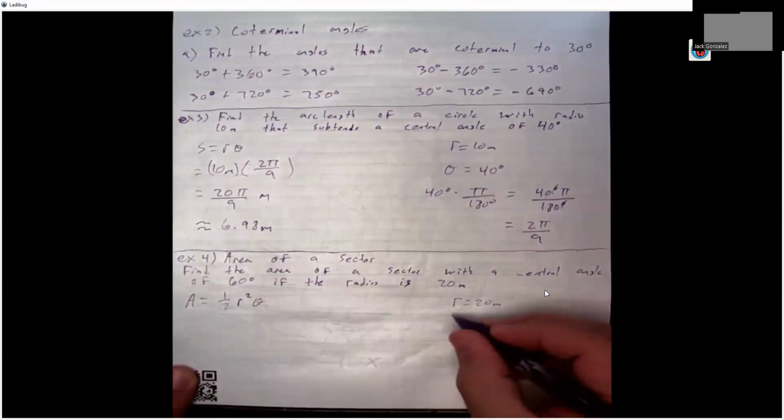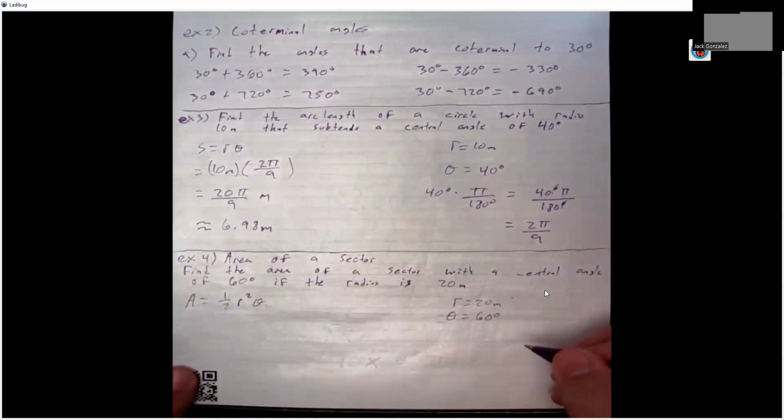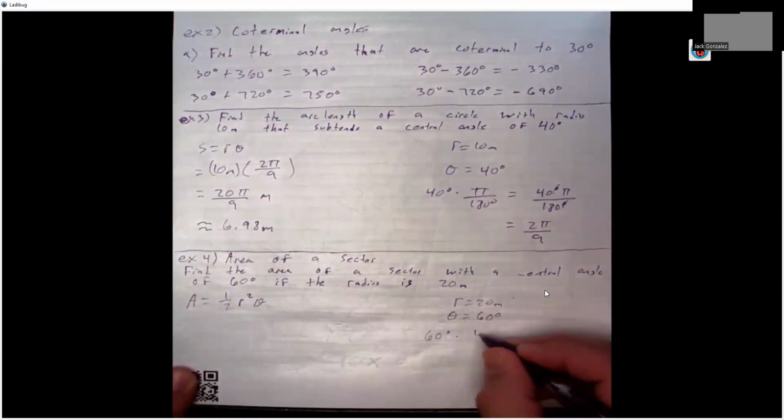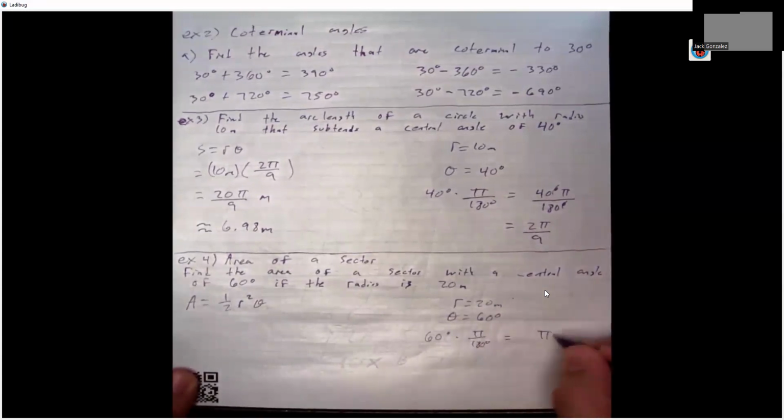Okay, so we got R equal to 20, and we got theta equal to 60. Technically, we did this earlier. We multiplied by pi over 180 and we got pi thirds, right?